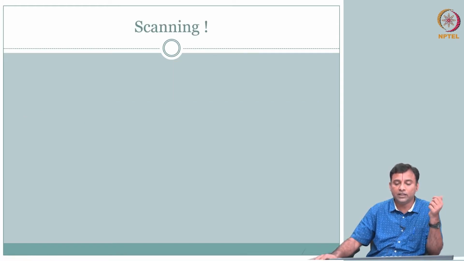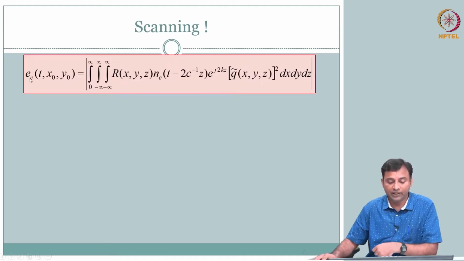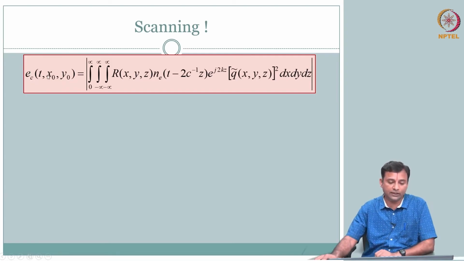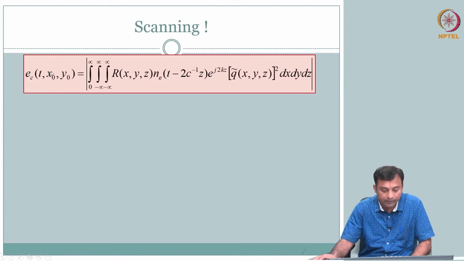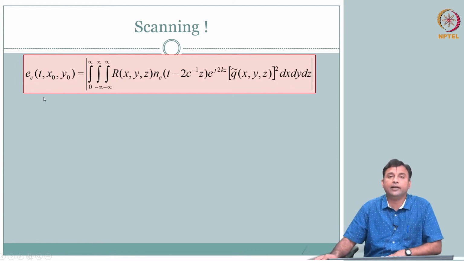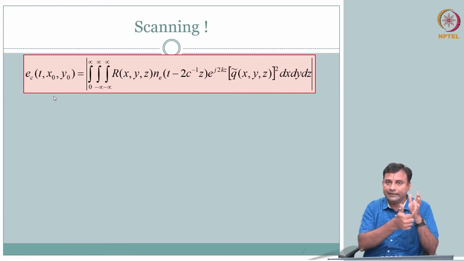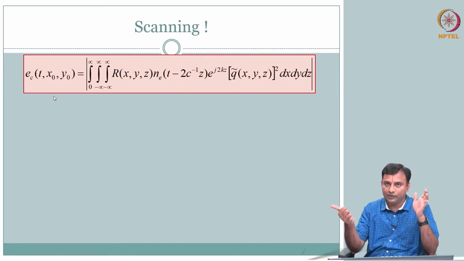So what we will do is, we recognize we have to do scanning, and therefore we will start to identify location. We will write our echo signal received not just as a function of t. It is actually located at some x naught, y naught. Remember, the xy plane, z is your depth.